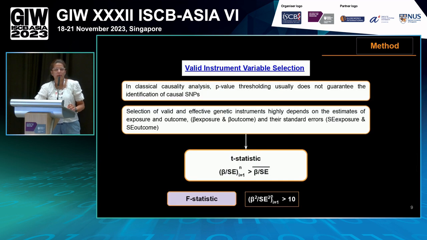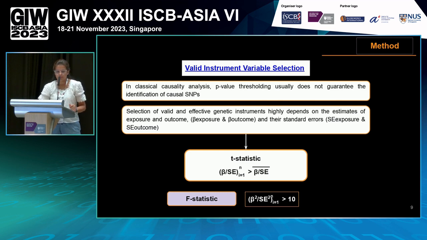Beta is the impact, how much impact it is giving, and the standard error we should have at the minimum. So the t-statistic, beta upon standard error, is applied on the data after LD pruning. SNPs with maximum beta and minimum standard error will be considered, and we set a threshold: only SNPs with a t-statistic greater than the mean t-statistic will be selected. This is the main feature selection method.